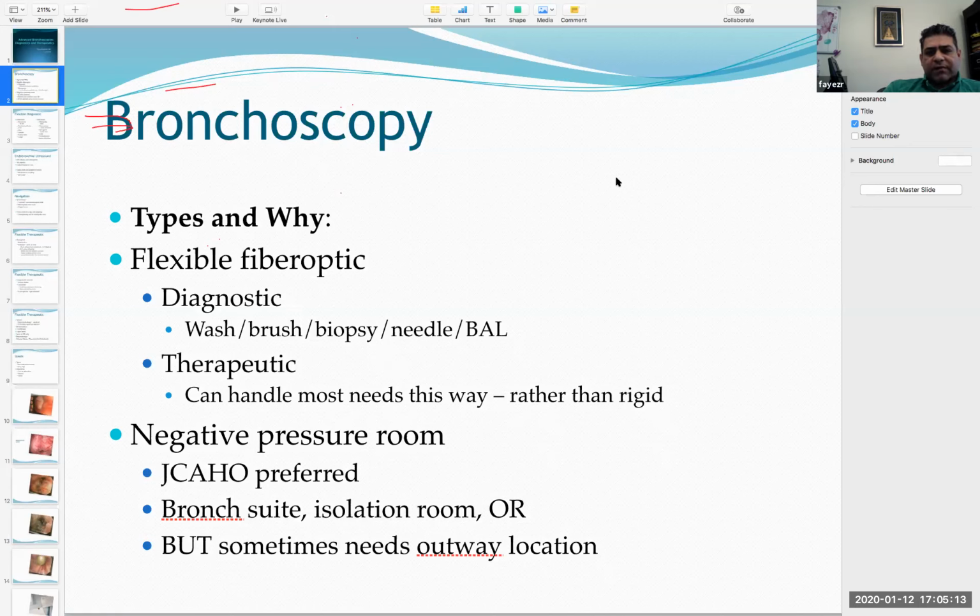Just of note, whenever a bronchoscopy is done, it is preferred to be done in a negative pressure room because you don't know what you're dealing with. This can be an infection. So being in a negative pressure room takes away the chance of getting droplet transmission, to avoid getting other people contaminated.